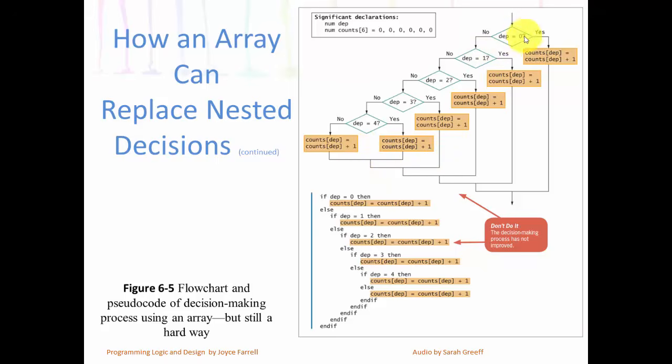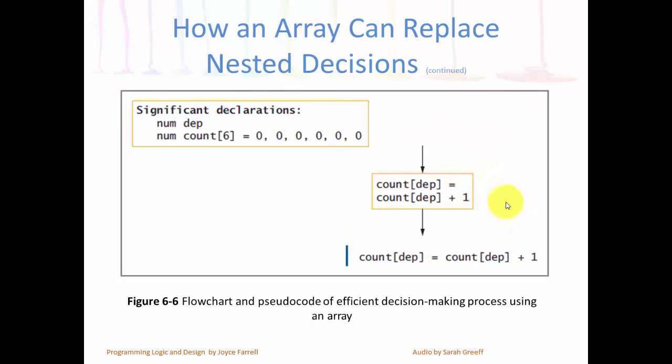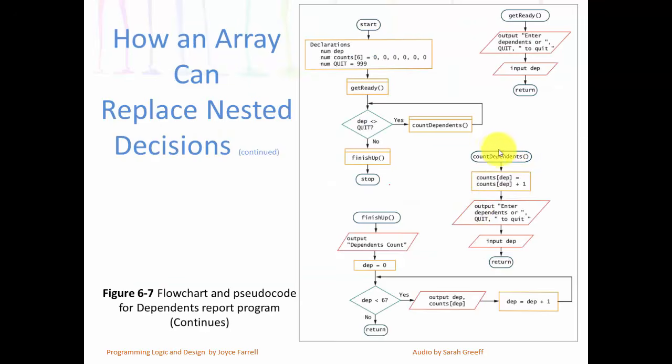In other words, we can eliminate all these if statements, take this processing here of count sub dep, which is our dependent, is equal to count sub dep plus 1. And what we're going to do is add that into a count dependents module.